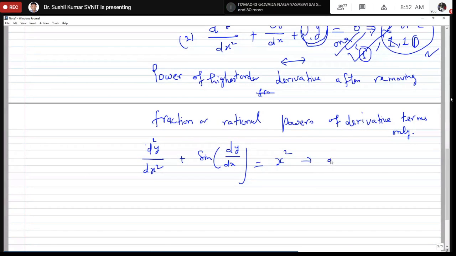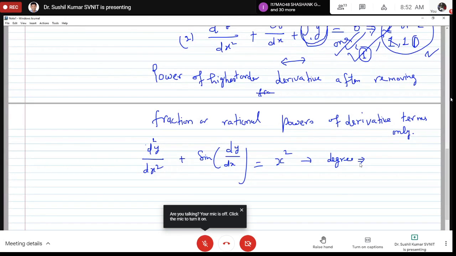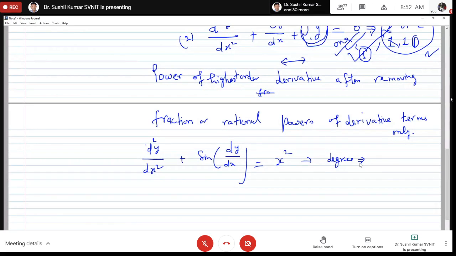What is the degree of this equation? What is the degree of this equation? Anybody?